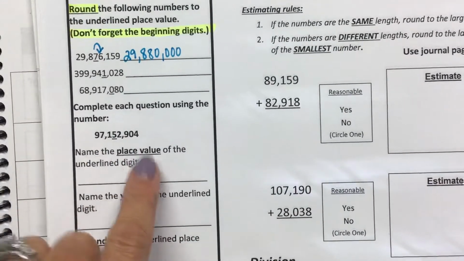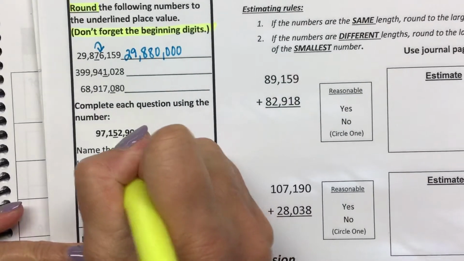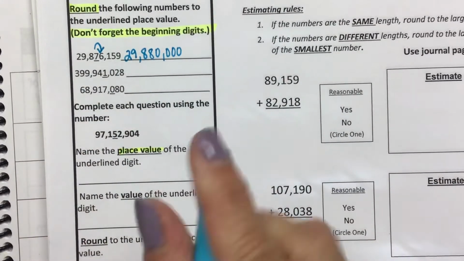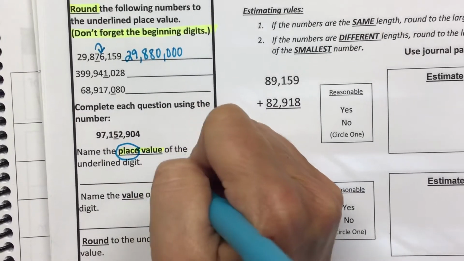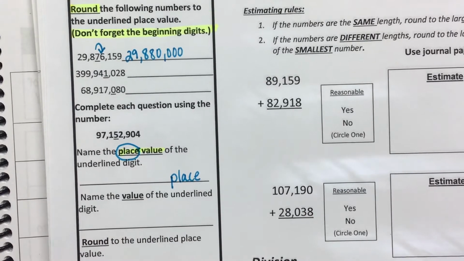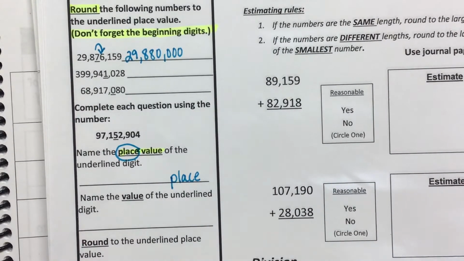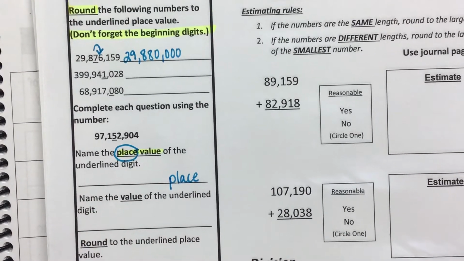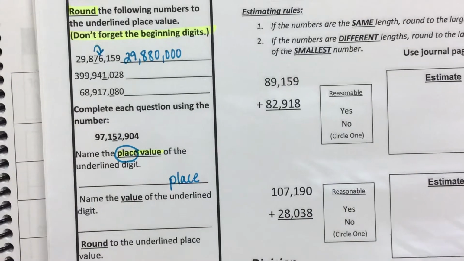Okay, complete each question using the number. Name the place value. Okay, so we know that means we're looking for a place that's on the place value chart. Go ahead and write the word place at the end of the line. So that's either going to be the ones place, tens place, hundreds place, thousands place, 10,000s place, any of our place value columns.